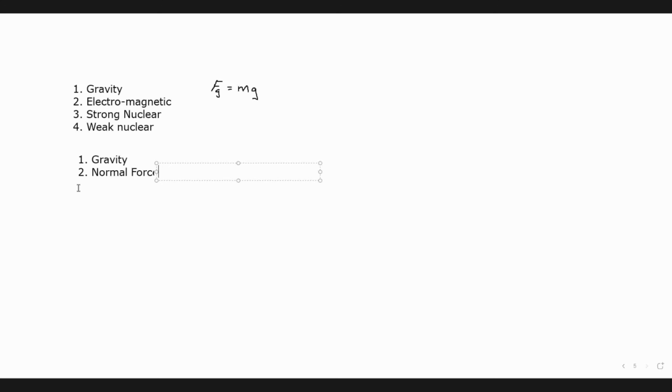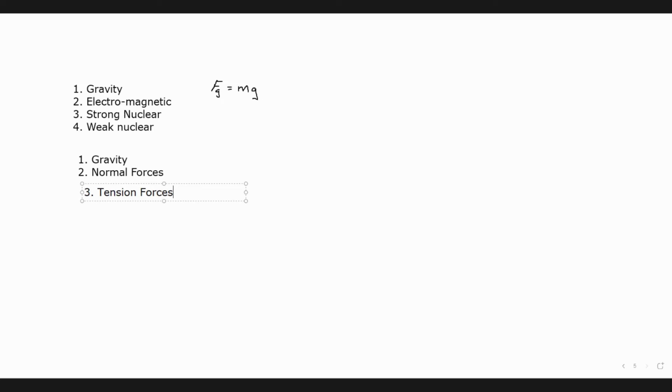Okay. Now, a third category of forces are tension forces. The tension forces are the forces that are in ropes and strings, and the direction of the force is along the direction of the string.